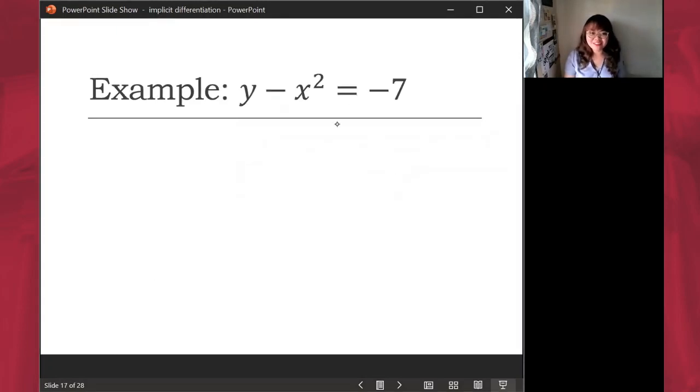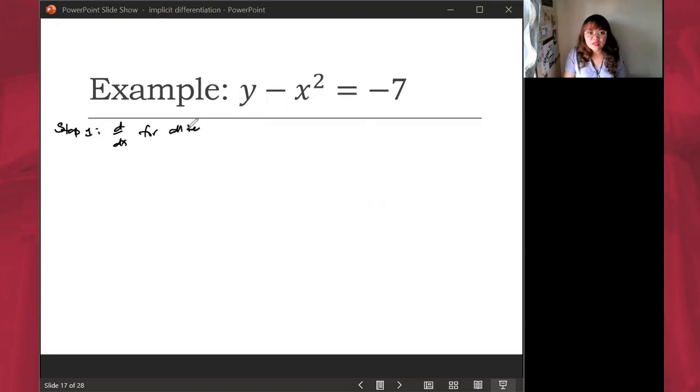For implicit differentiation, these are the steps that I personally like using. But if you find other references which tell you otherwise, but would still help you arrive at the same answer, then it's perfectly fine. This is how I would do it. Step one is to indicate d over dx for all terms.